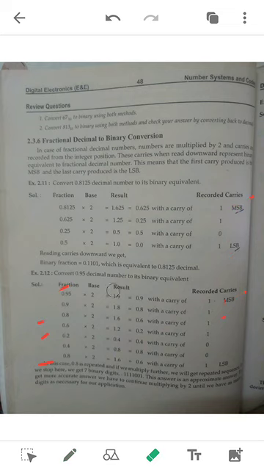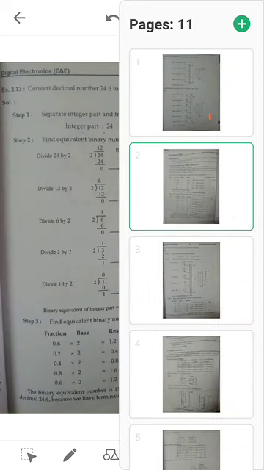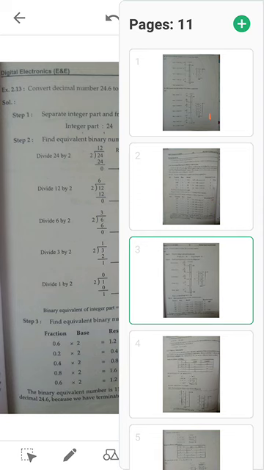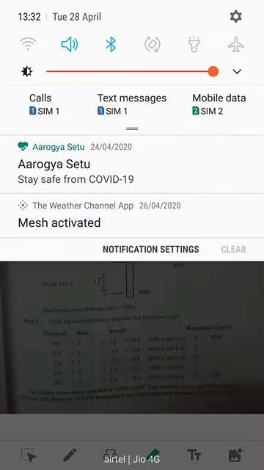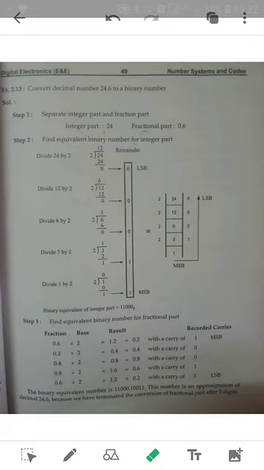Let us see one more example in the next page. In the next page, convert the decimal number 24.6 to a binary number.